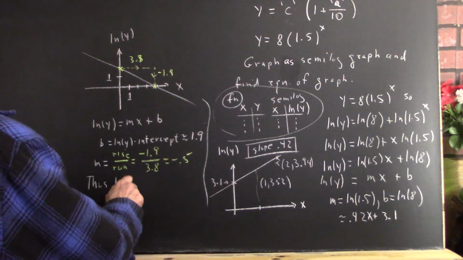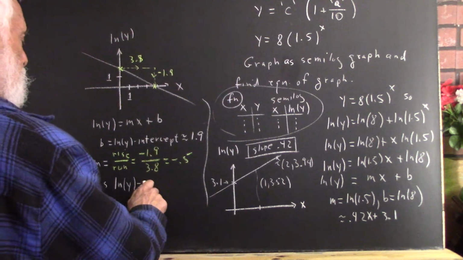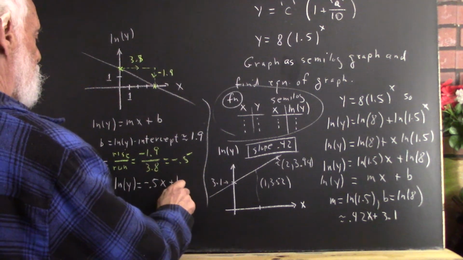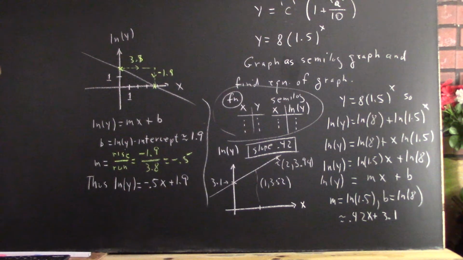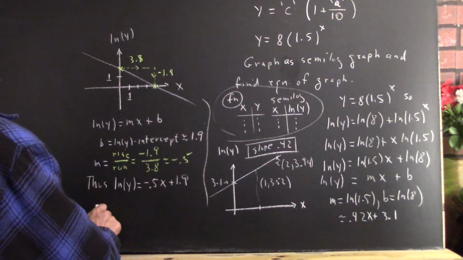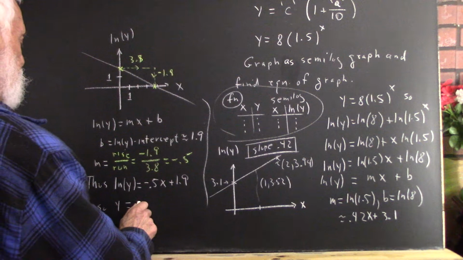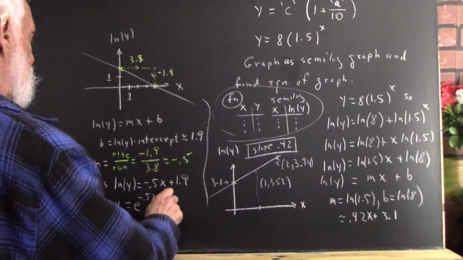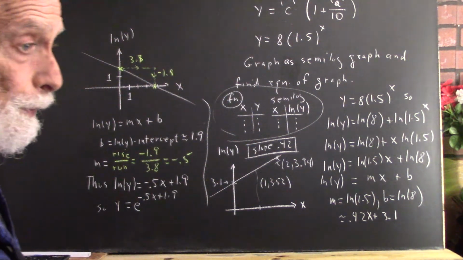Thus, the natural log of y equals negative 0.5x plus 1.9. So y equals e to the negative 0.5x plus 1.9.